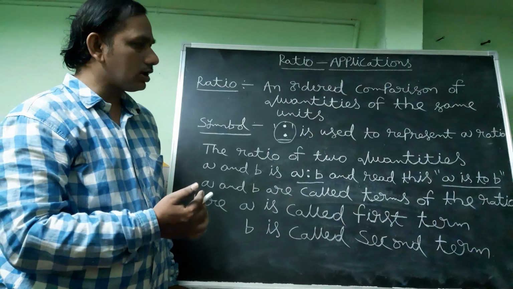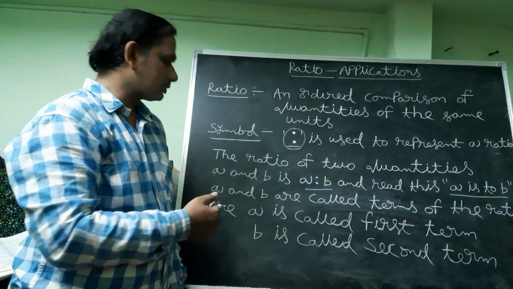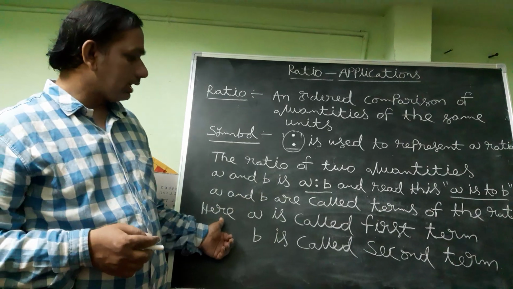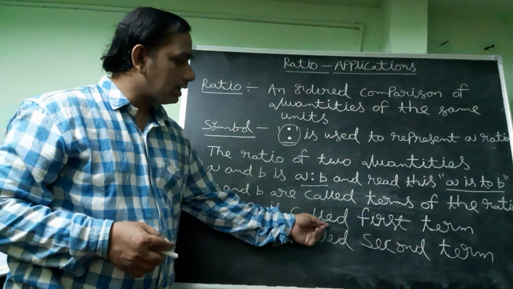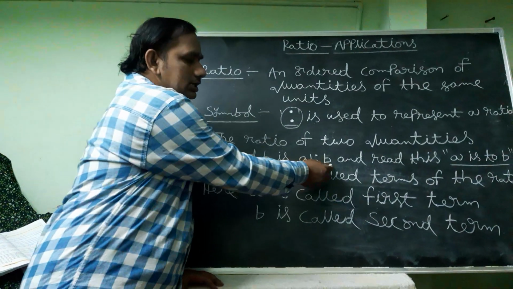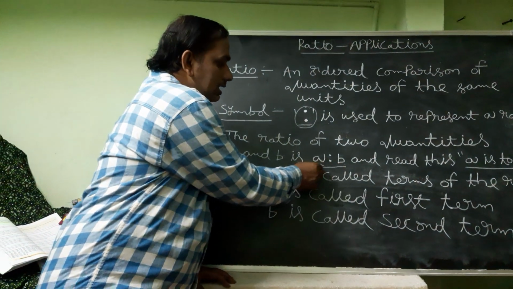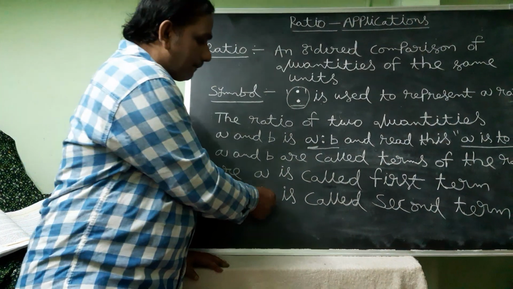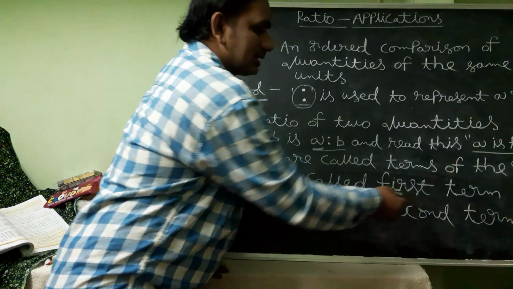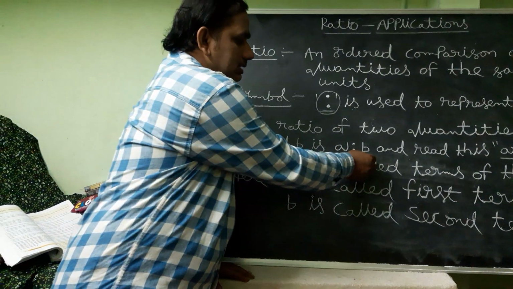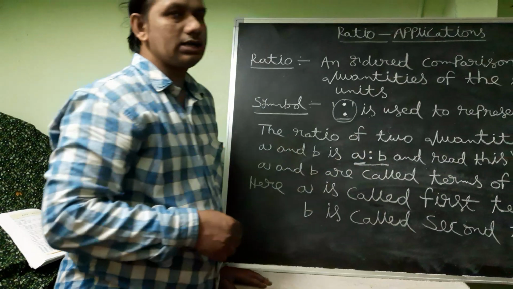So the ratio contains two terms, A and B. In this ratio A is to B, A is called the first term, B is called the second term.